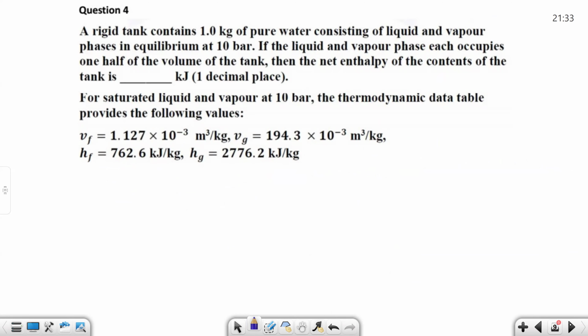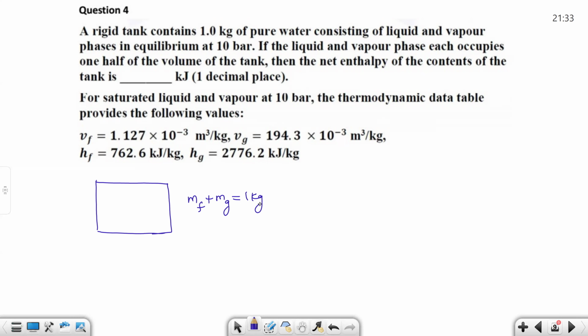A rigid tank contains 1 kg of pure water. The pure water consists of liquid and vapor phases in equilibrium. That is, mass of liquid plus mass of gas together is 1 kg.